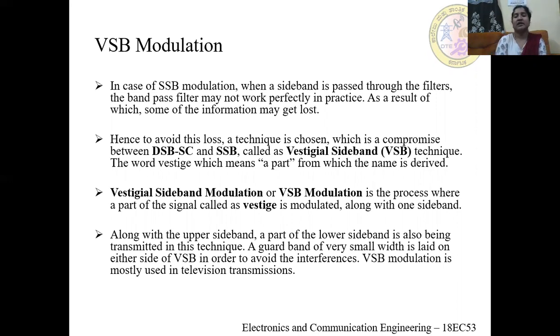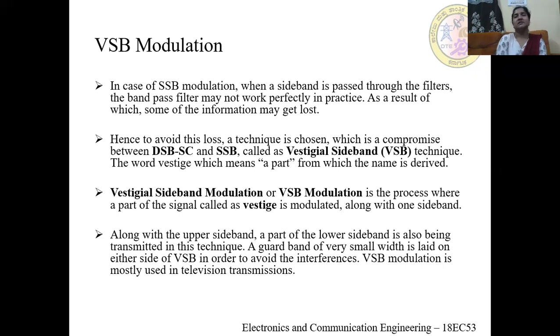Vestigial sideband modulation or VSB modulation is the process where a part of the signal called the vestige is modulated along with one sideband. Along with the upper sideband, a part of the lower sideband is also transmitted in this technique. A guard band of very small width is laid on either side of VSB in order to avoid interference.